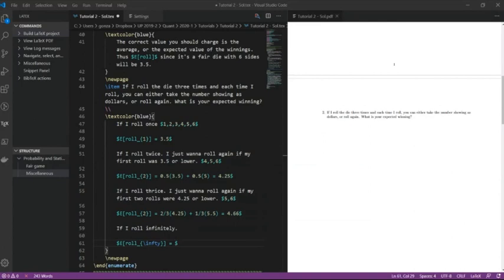So in expected value, if you can roll infinitely, you will one day get a six for sure. So you will always win $6. That way you have to charge $6 for it to be a fair game, right? So it's correct. It's six.